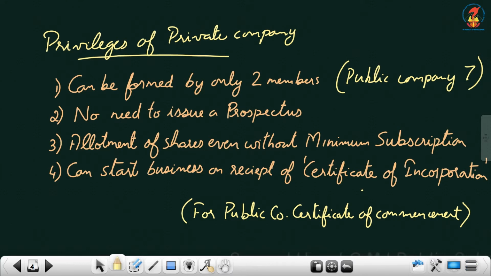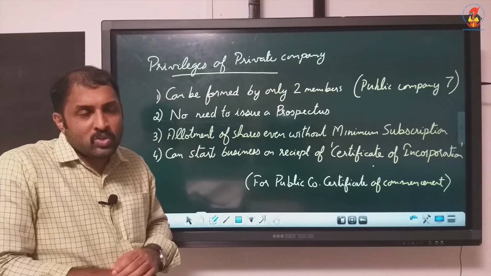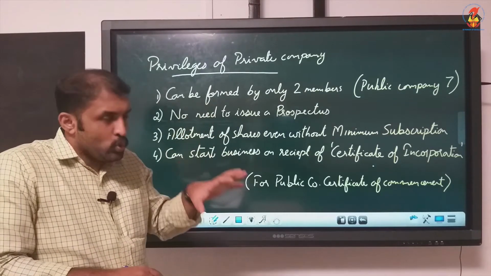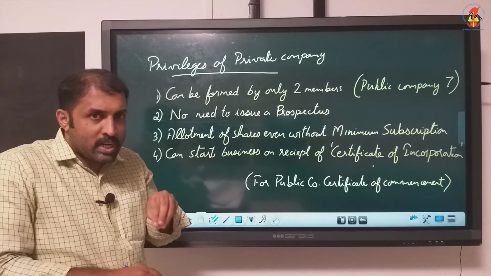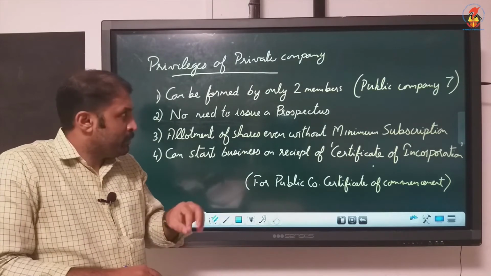The minimum number of members required to start a private company is 2, whereas a public company requires a minimum of 7 members.